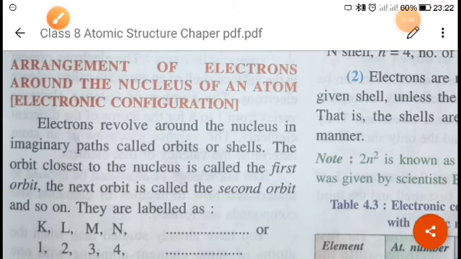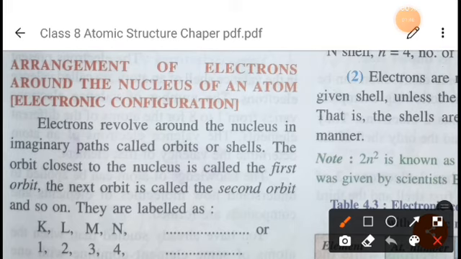Now, for our understanding, we have given names to the various shells, okay? Suppose this is the first shell, this is the second shell, this is the third shell, suppose this is the fourth shell, right? So we have given various names. The first shell we have given the name K shell.